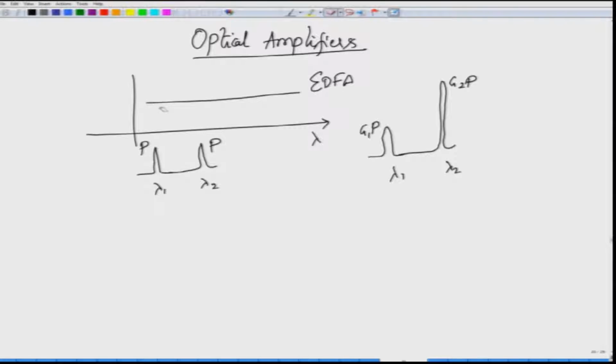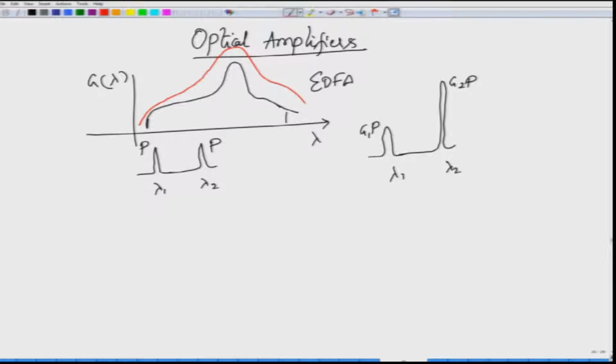Unfortunately, erbium doped fiber does not provide a flat gain, rather it provides a gain that is a function of wavelength. If you were to look at the gain function somewhere around 1520 to 1600 closely, you would see that the gain function goes something like this. I am not actually drawing the exact curve out here, but this is what would typically happen.